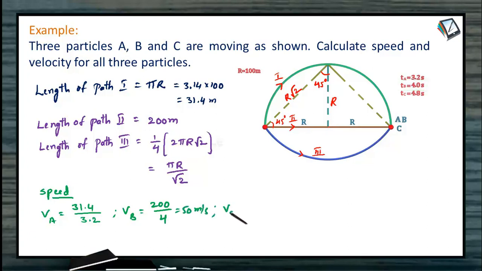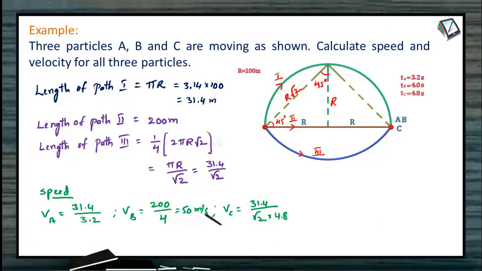And speed of the particle C will be, length of the path is pi R upon root 2. Alright. Pi R upon root 2 means R is 100. So it becomes 314 divided by under root 2. So length of the path is 314 divided by root 2, and time taken by this particle to complete its motion is 4.8 seconds. So we can calculate this also.